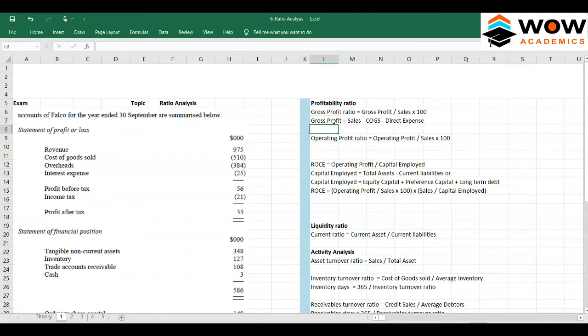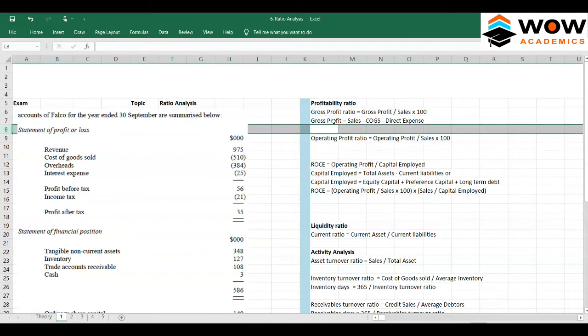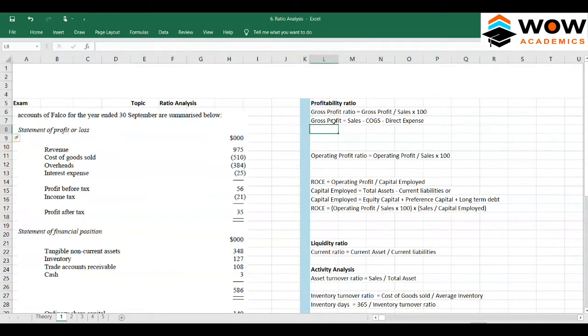So if you take gross profit, sales is 975 minus 510 is the cost of goods sold. So gross profit comes to 465.